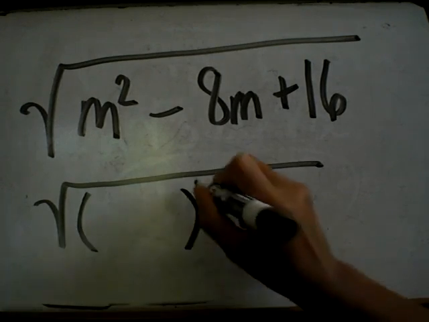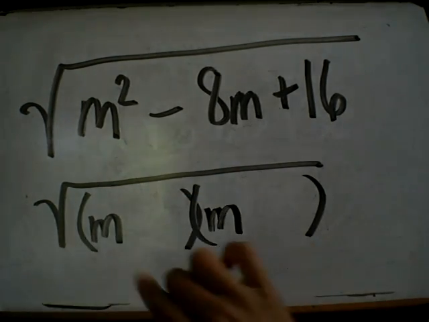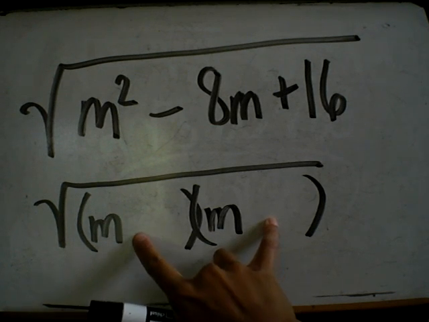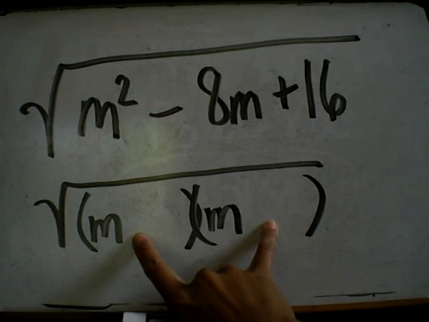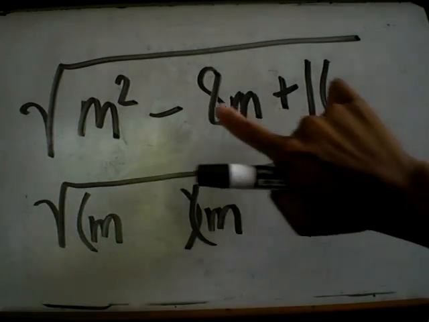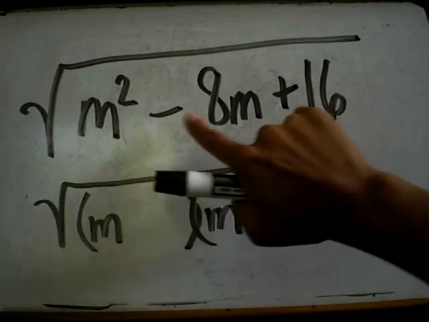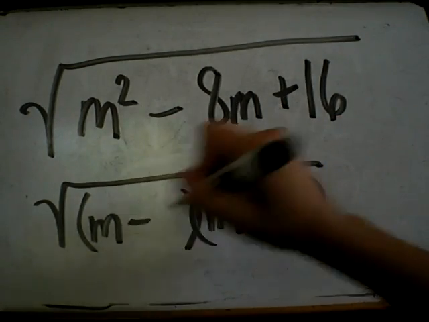Okay, here's our pattern. You know, m goes here. Now we just have to figure out what signs we're going to have. Are they going to be both plus signs or both minus signs? Because remember, that's positive. But we can tell by looking at b, the coefficient of b. So that's -8, and it's a negative, so these are both going to be negative.